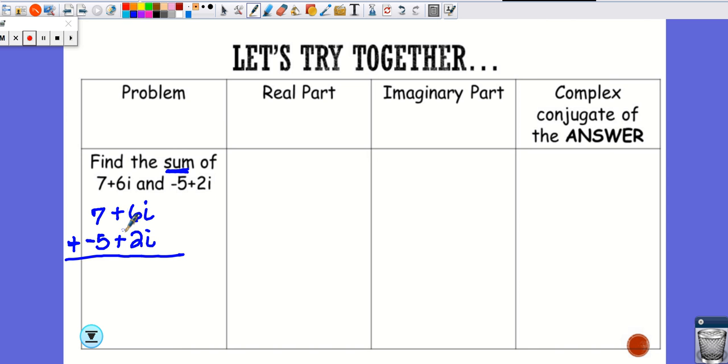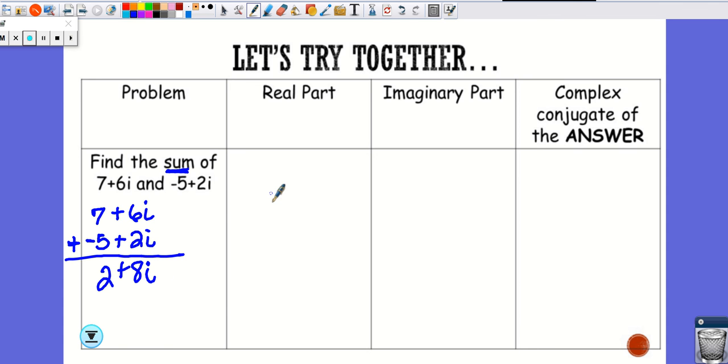So I line up the real pieces and the imaginary pieces. So here's 7 minus 5, and I put the plus there because it said sum. But 7 minus 5 is 2. And anytime you see a plus and minus beside each other, you can just put the minus. And then in here, we get 6 plus 2 is 8i.